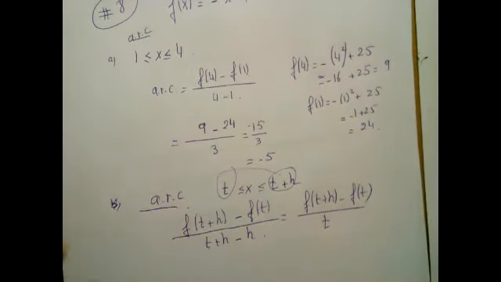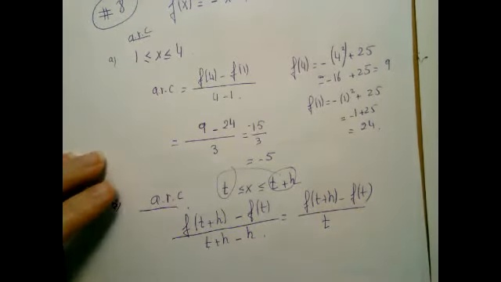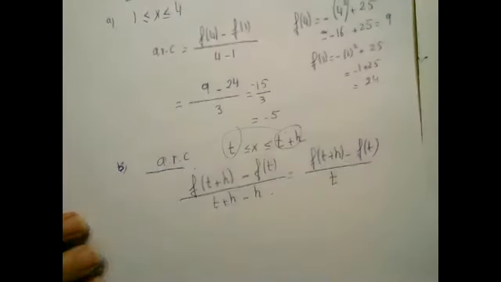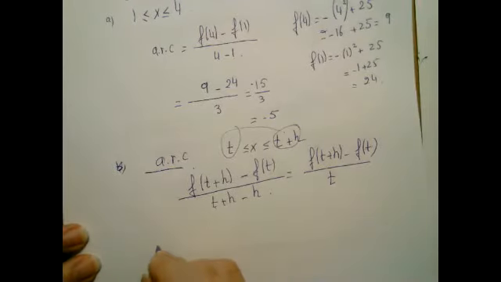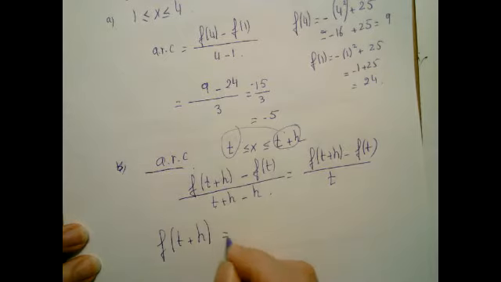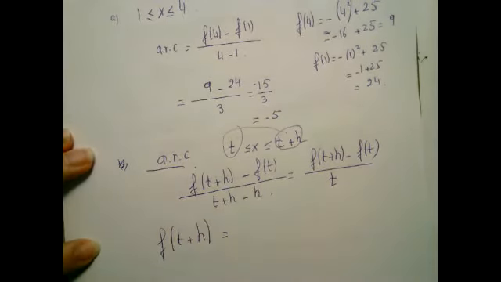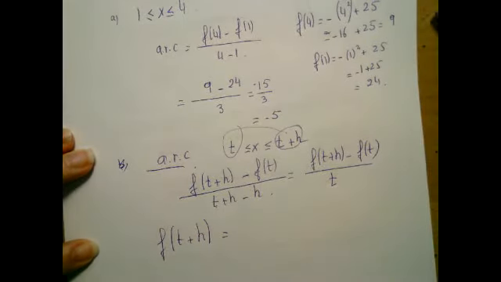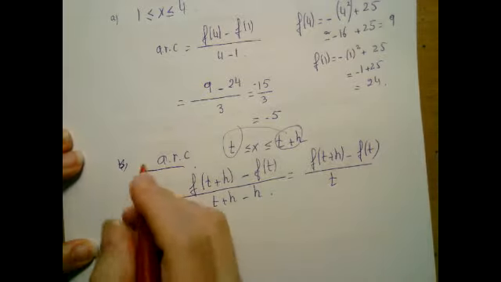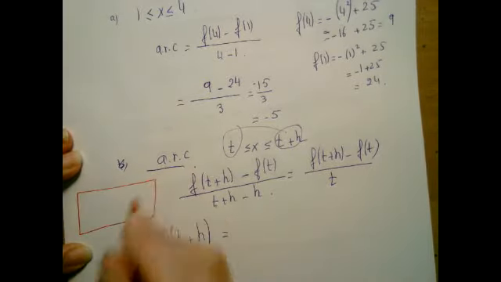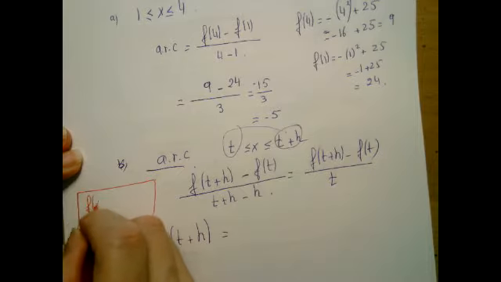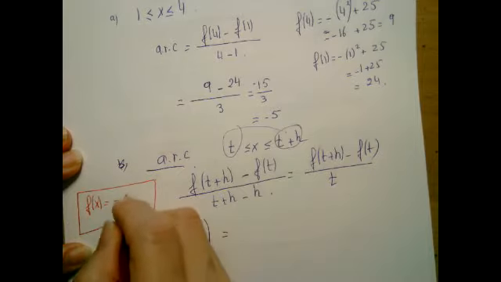Now I want to compute each one of them separately and then combine them again. So let's do f of t plus h separately. What is f of t plus h? All right, that's the function. I'll put the function in red in front of us, so I have to refer to it all the time.